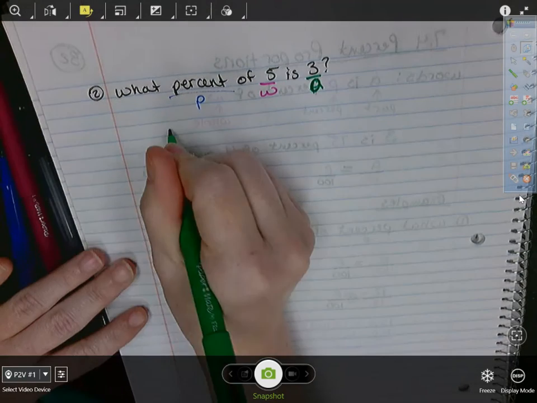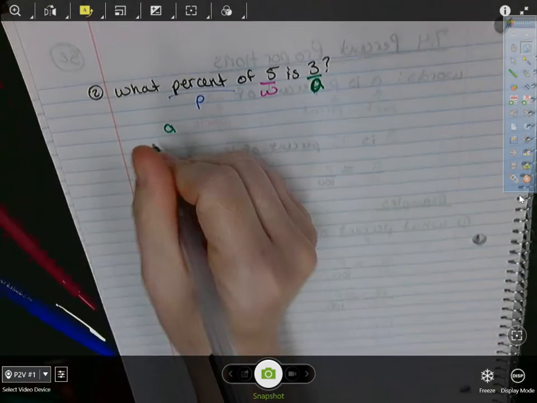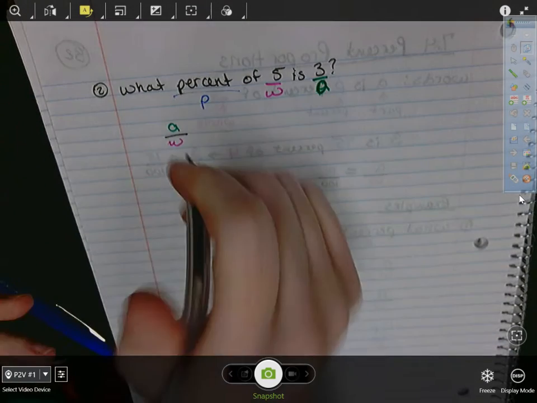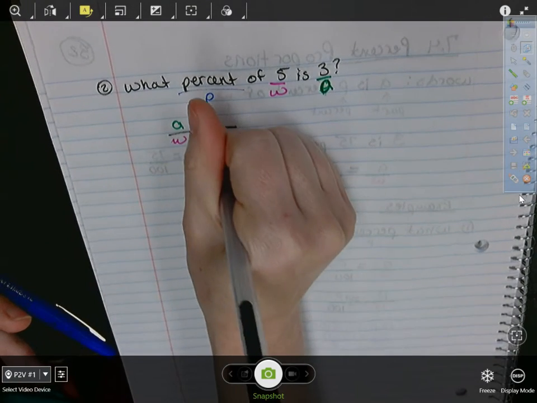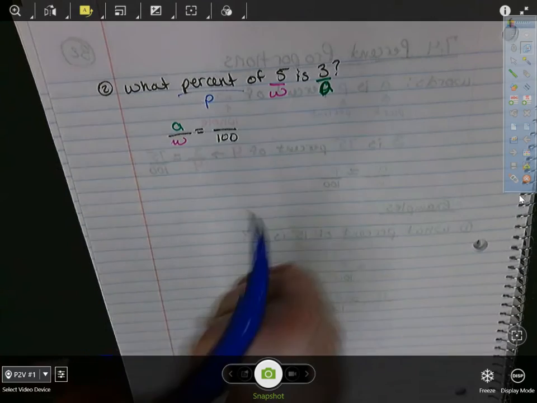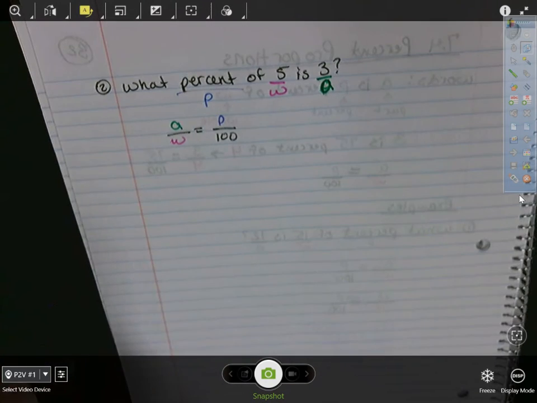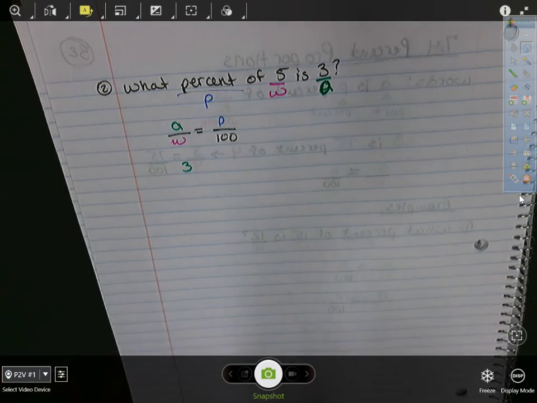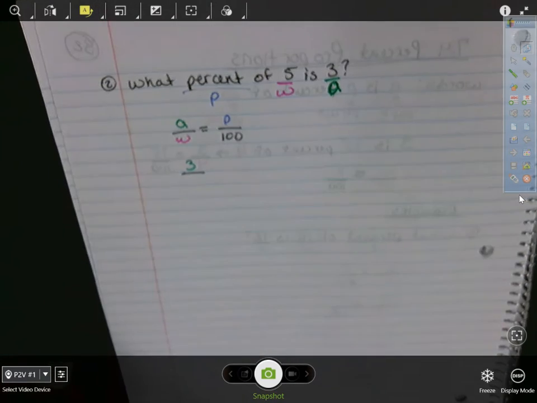All right, so it's A over W equals P over 100. For A, I'm going to plug in 3. For W, I'm going to plug in 5.